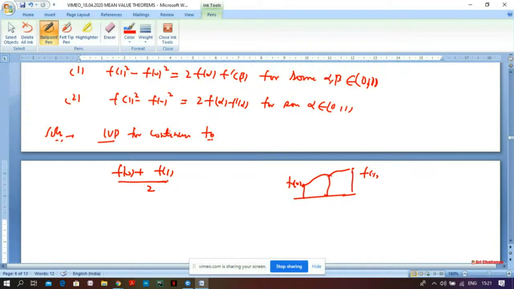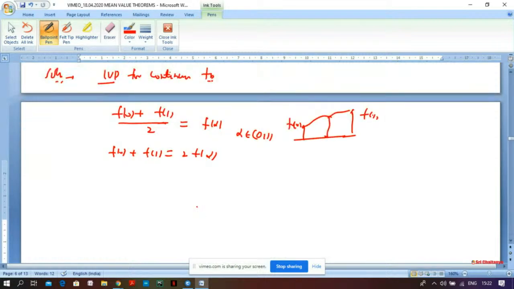So (f(0) plus f(1)) by 2 is taken by the function at some point, f(alpha) with alpha in (0, 1), by IVP. So f(0) plus f(1) equals twice f(alpha).